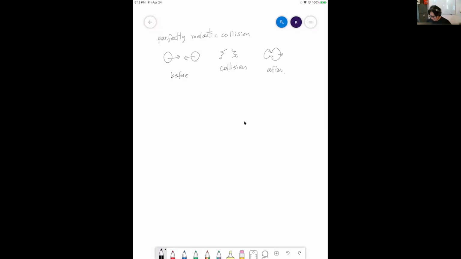Then how about this? Why don't we reverse the time? If we reverse the time, what's happening is that you have an object like this, boom, and then after that, they split into smaller pieces.